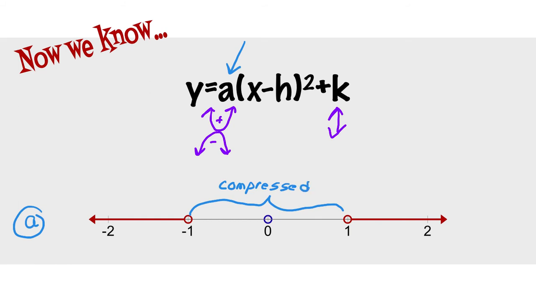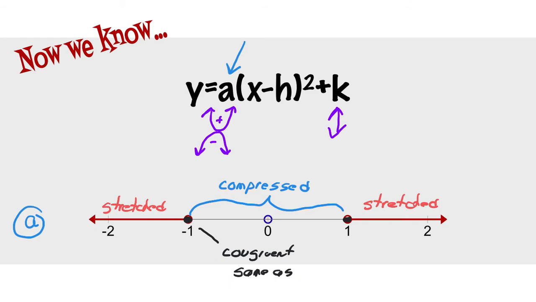If A is greater than 1, it's going to be stretched. If A is on the ones, it's going to be congruent, which is a fancy word for meaning the same as.